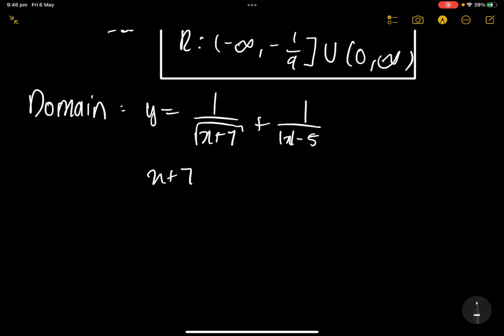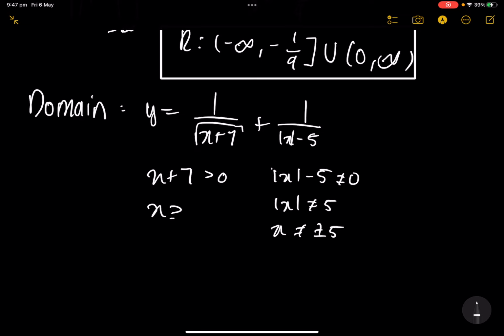We'll just say x plus 7 is greater than 0, it cannot be equal to 0, right? And absolute value of x minus 5 cannot be equal to 0 as well. So absolute value of x is not equal to 5. So x can't equal plus or minus 5. For this, we just say x has to be greater than -7.